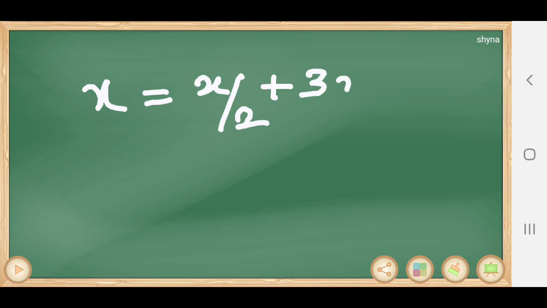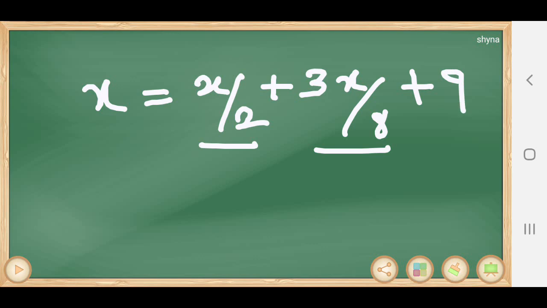Yes, dear children, here we can write total number x. Then x by 2 are grazing, 3x by 8 are playing, and the rest 9 are drinking water. So the total we can write like this. We have to add it: x by 2 plus 3x by 8 plus 9.